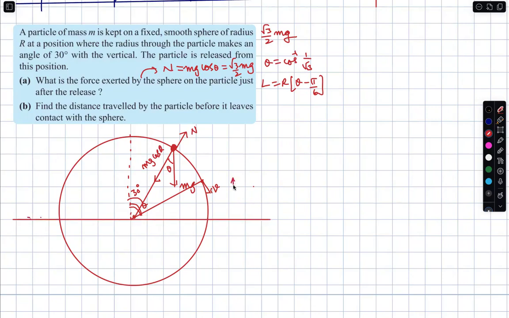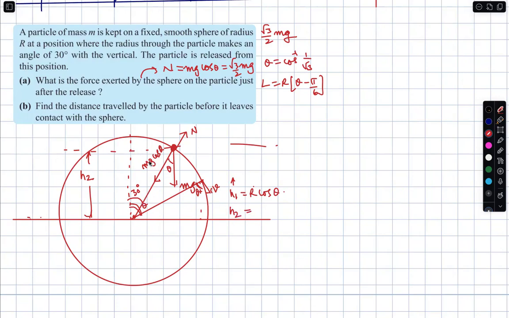What is our initial height? H1, final height actually, H1. If this is theta, this is theta. What is H1? H1 is R cos theta. When it is here, what is H2?